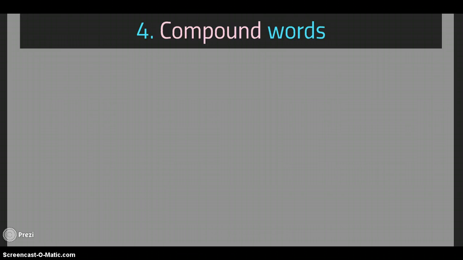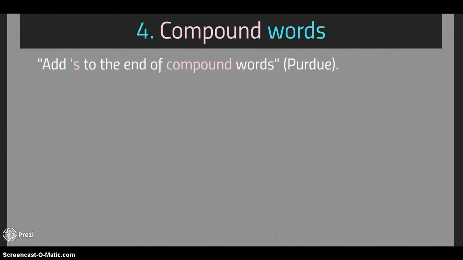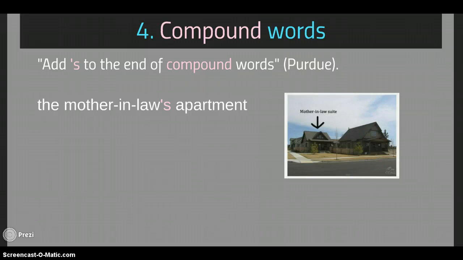Fourth, we have compound words. Here we're going to add an apostrophe S to the end of the compound word to show the possession. So the mother-in-law's apartment has one mother-in-law, which is the compound word, and it's going to be adding an apostrophe S after the word law to show the possession. The passerby's testimony.